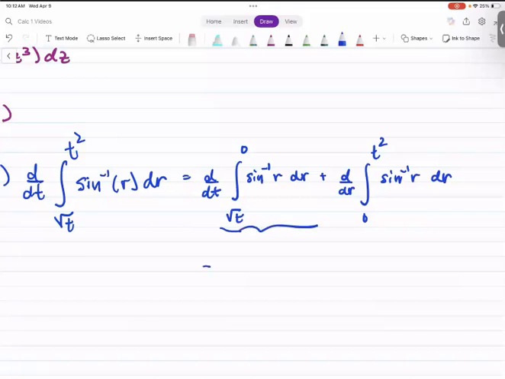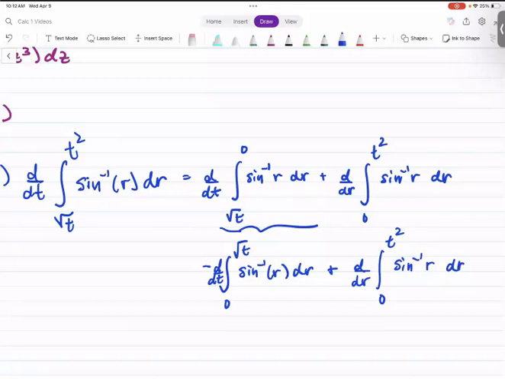So that's the negative of d/dt of the integral from 0 up to the square root of t of sine inverse of r dr, plus this one just stays the same, d/dt of the integral from 0 to t squared of sine inverse of r dr.